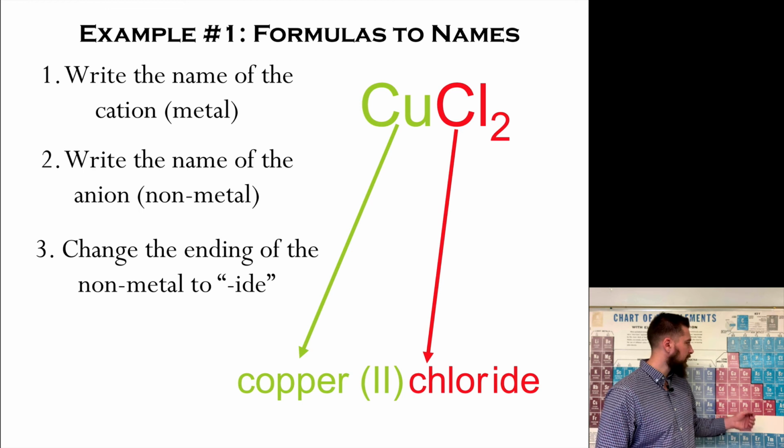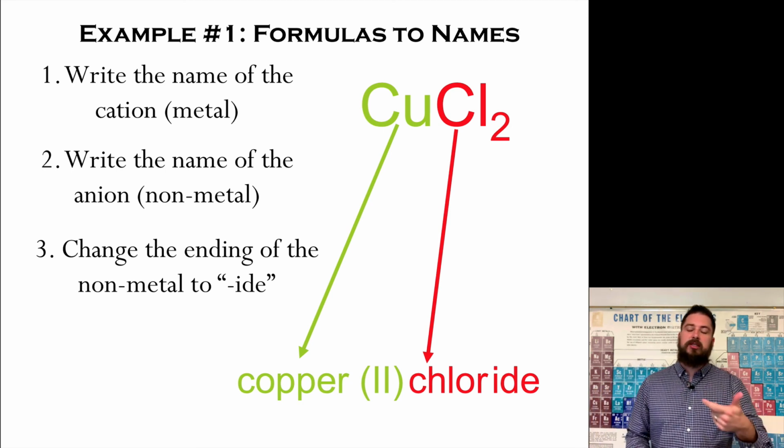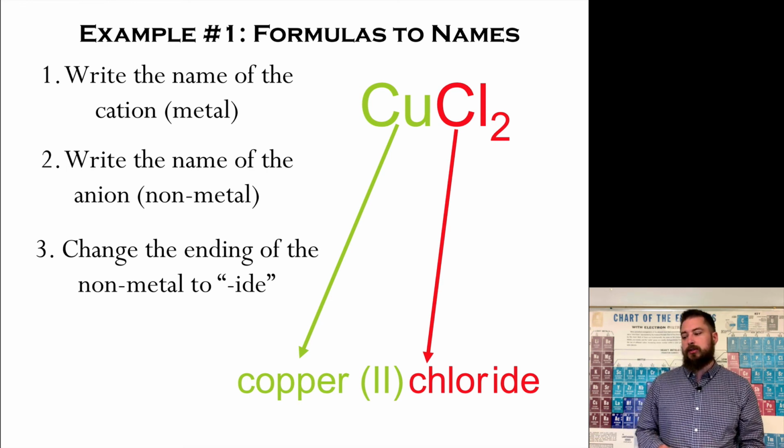Well, chlorine is a 1 negative charge, and if this were a 1 positive, it would be a 1-to-1 ratio, so it would be CuCl. We're going to have a lot of practice of this in the practice problems. That's the gist of how you balance the charges.